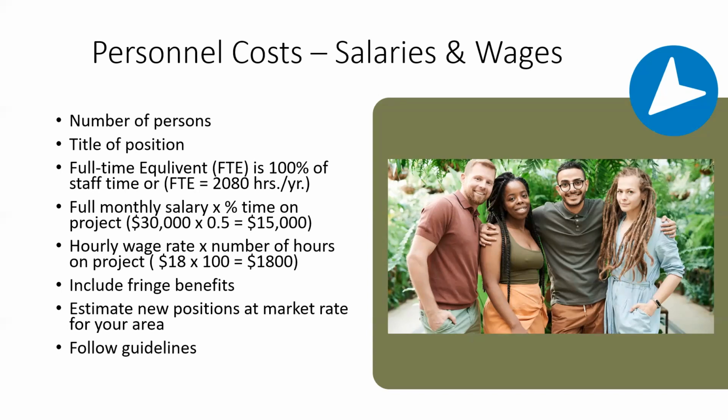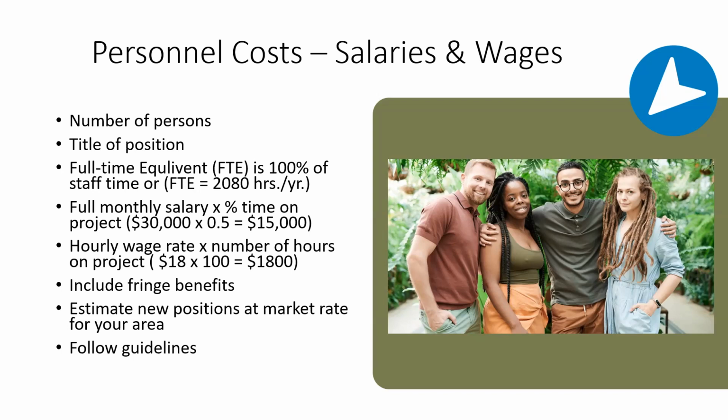Say I have an employee who makes $30,000, and they're going to spend half their time, or 50%, on the project. Then 50% of 30,000 would be $15,000 I would charge the grant or estimate for the grant's budget as their time worked on the project.